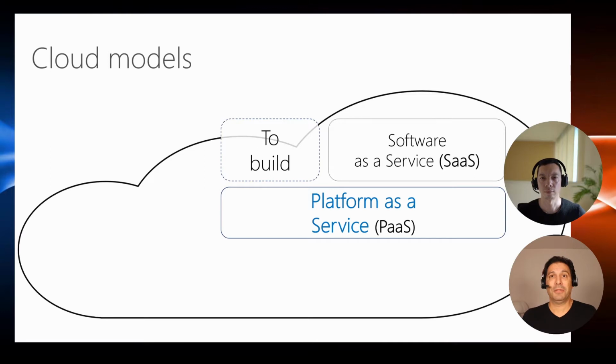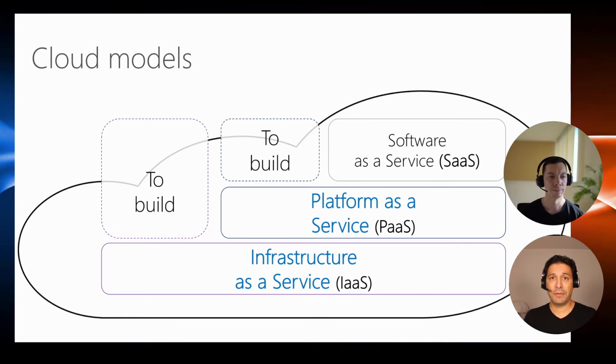I mean the engine of the database or the operating system and the server that are running this database. So on a platform as a service, you will use some services. Database is an example. You can have web app services, container services, and so on. And you just build your application on it.